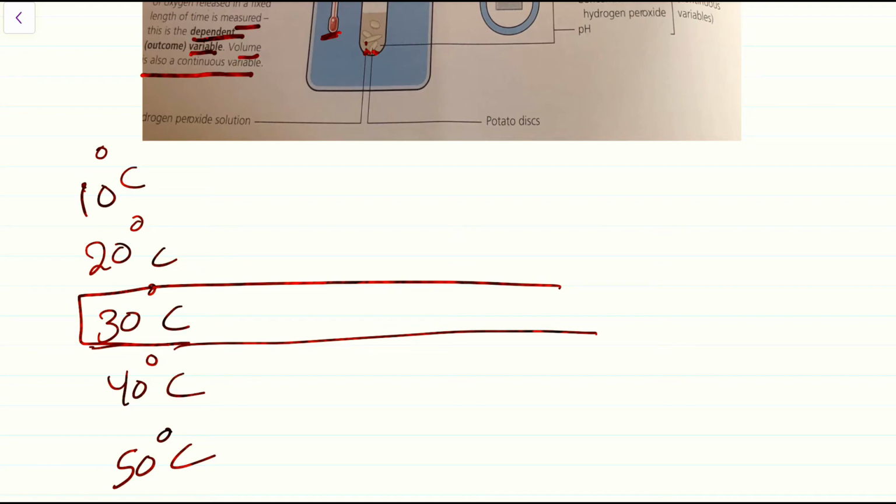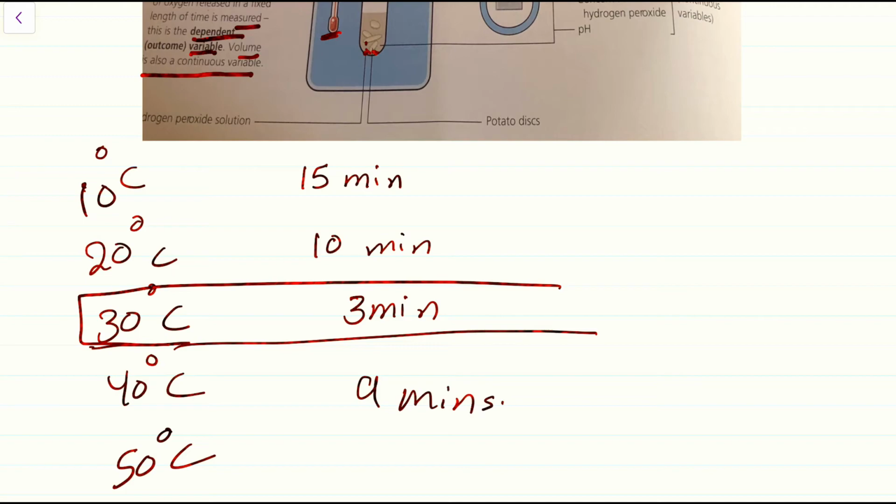So if we look at the time taken for the reaction, here for example will be 15 minutes, here 10 minutes, here 3 minutes, and then 9 minutes and 20 minutes.